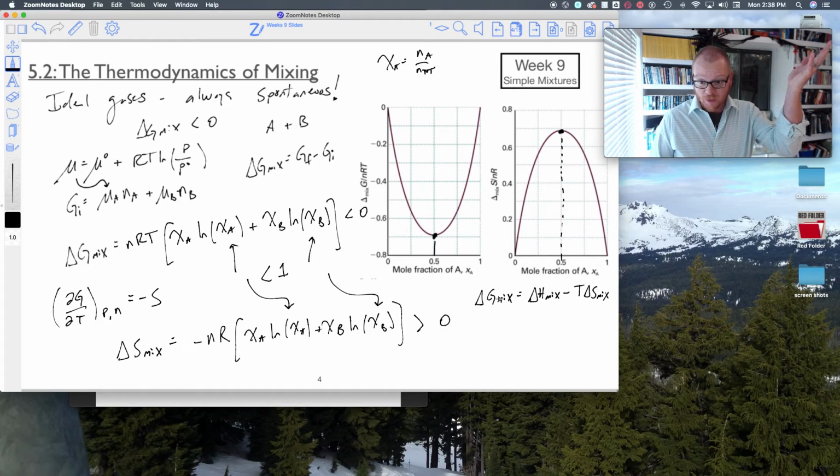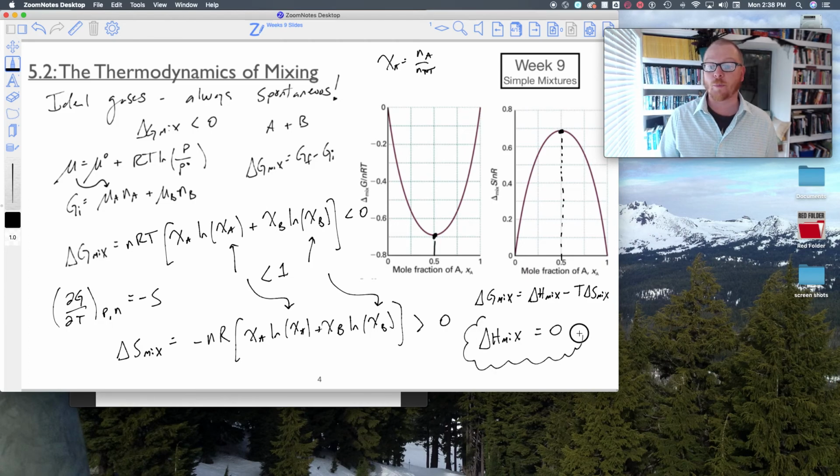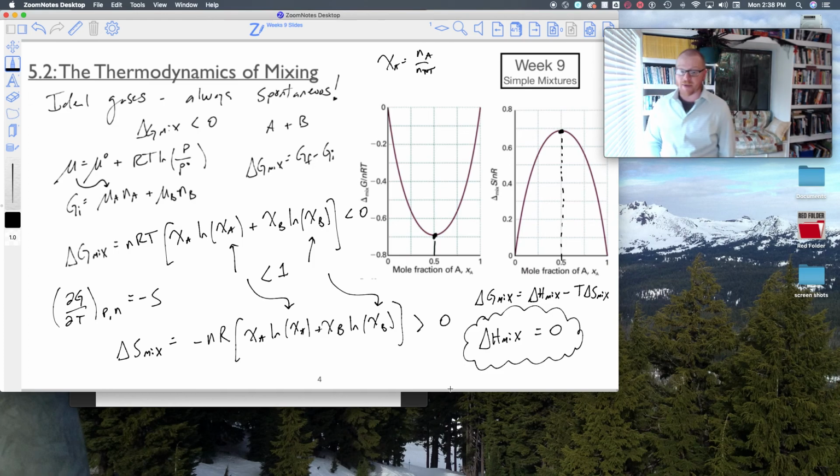They become equal and opposite, and the result is delta H of mixing an ideal gas is always 0. So there's no heat released or absorbed when two things mix. And this is actually going to create our basis for understanding how liquids mix. Okay? So we've established that ideal gases always mix spontaneously, and there's no enthalpy change when they do mix.